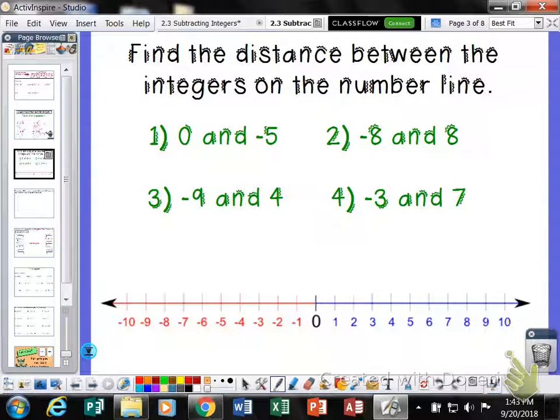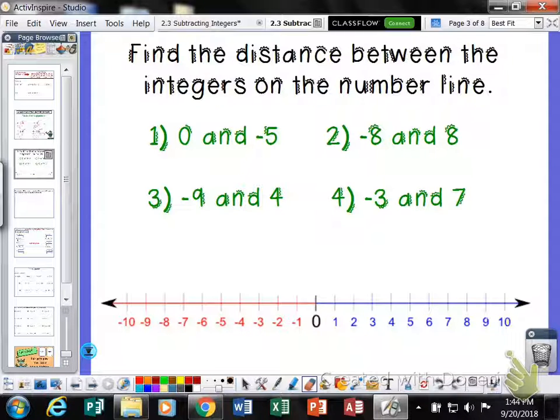So let's say I want 0 and negative 5. So I would put my finger at 0, and a finger at 5, and then count. So if I were to count 1, 2, 3, 4, 5. So the distance between, whoops, I did that wrong. I lied.